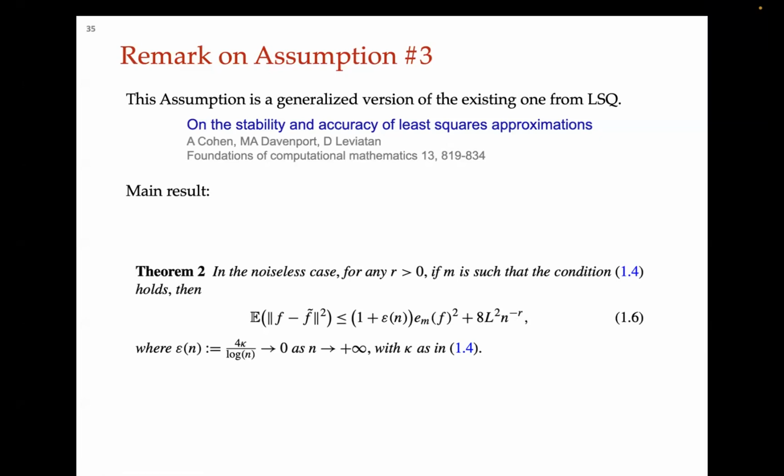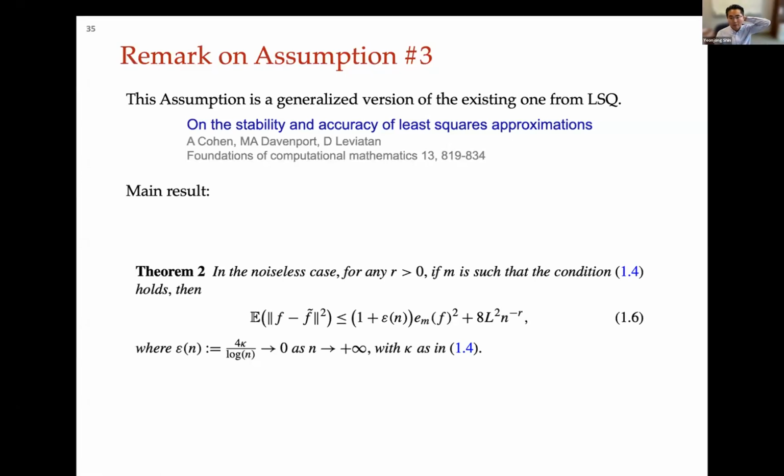Oh, I see. So it's finite, right? It doesn't change. Yeah, it's finite. So n goes to infinity. Here n is the number of samples, which corresponds to the number of output function sensors. When n goes to infinity, this term goes to 0. And m is the number of what? The number of bases. Okay. All right. Thanks. Yes.